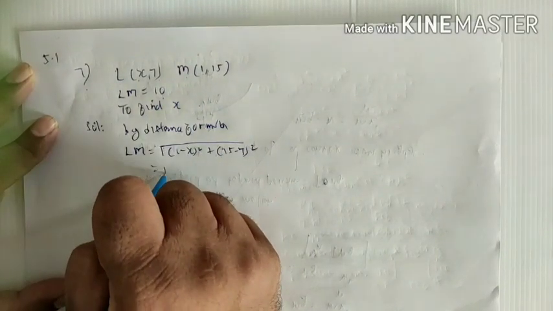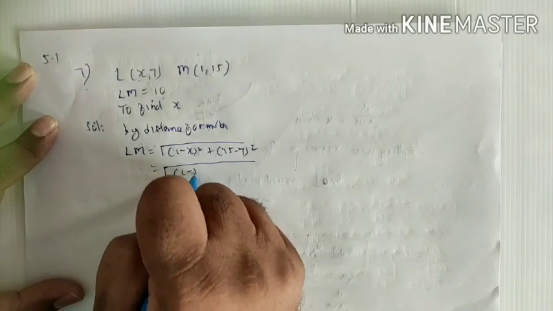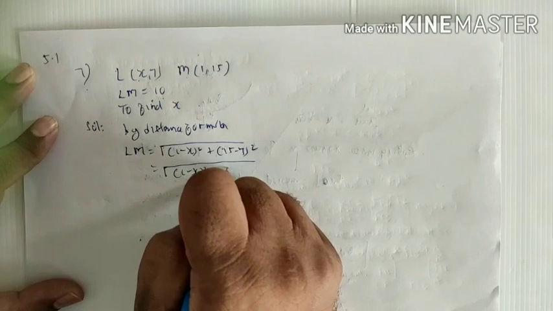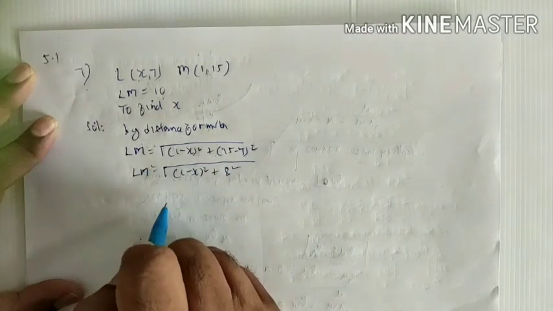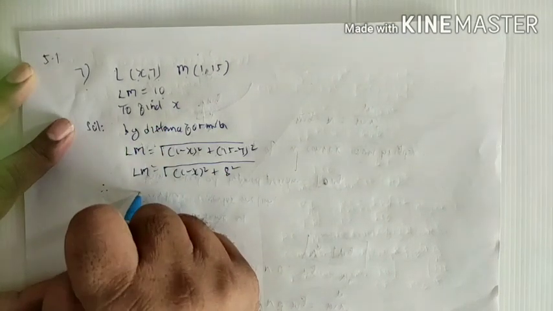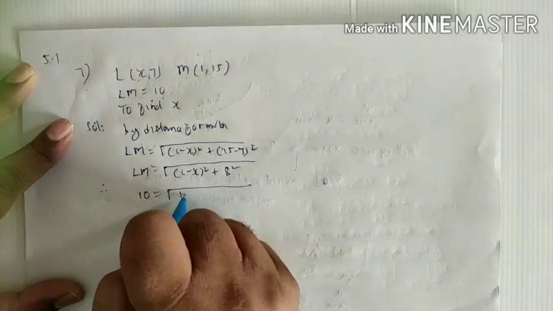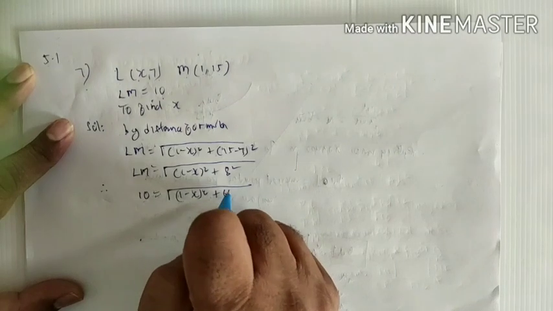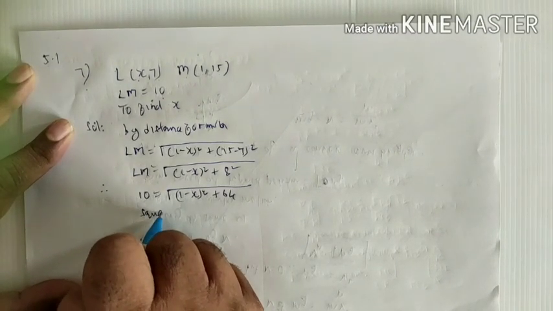It is equal to under root (1 minus x) whole square plus, 15 minus 7 is how much, 8 square. We got LM. Therefore, 10 is equal to under root (1 minus x) square plus 64. Now we shall do squaring both the sides.